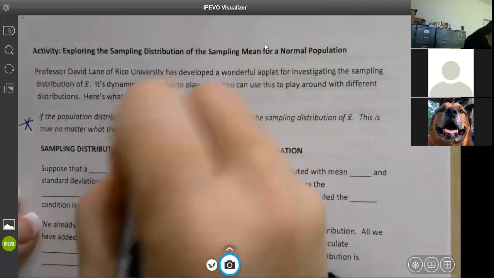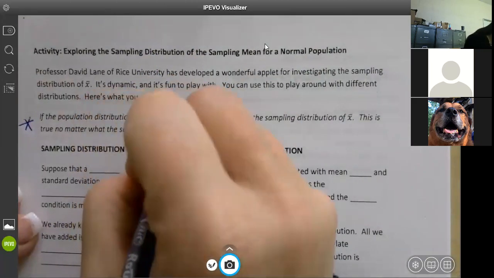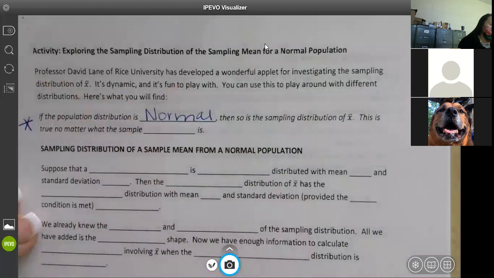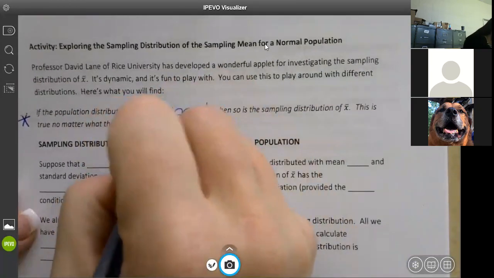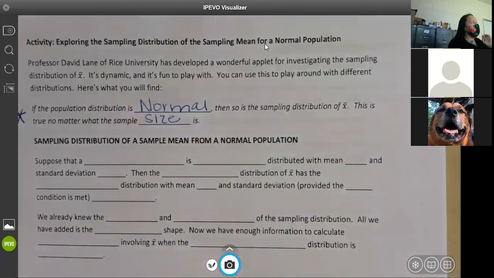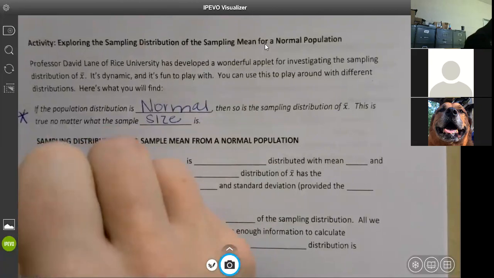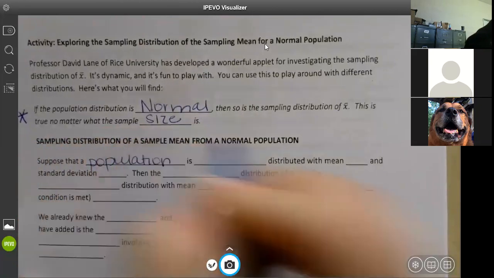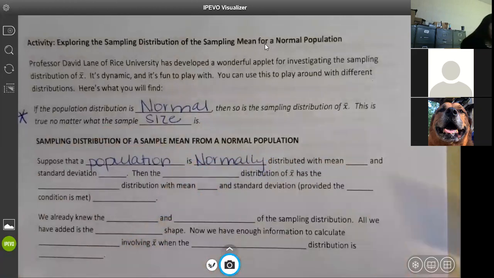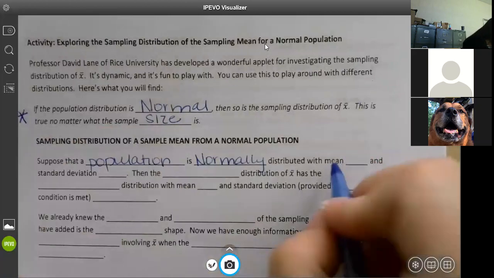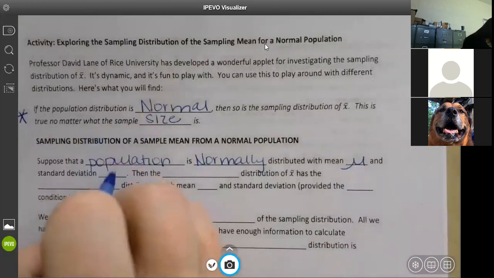If the population distribution is normal, then so is the sampling distribution of X bar. This is true no matter what the sample size is. Sampling distribution of a sample mean from a normal population. Suppose that a population is normally distributed with mean mu and standard deviation.